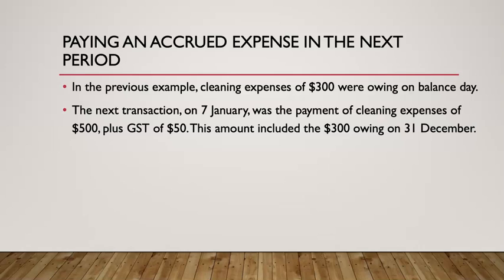Let's say on the 7th of January, we get our invoice and we pay $500 of cleaning expenses. Why 500? Because clearly someone has done some cleaning for us from the 1st of January to the 7th of January because business keeps going. This amount that we paid included the $300 that we owed.